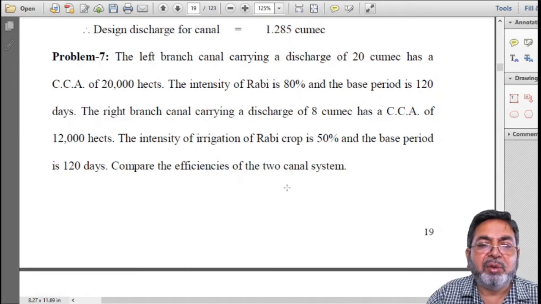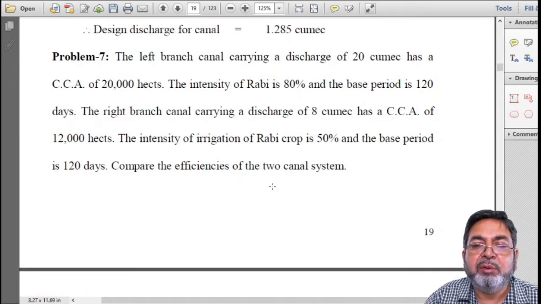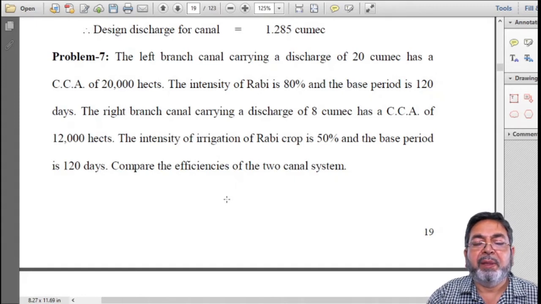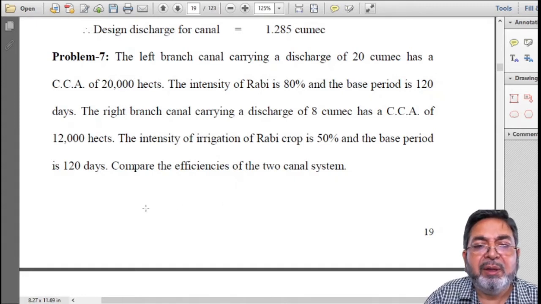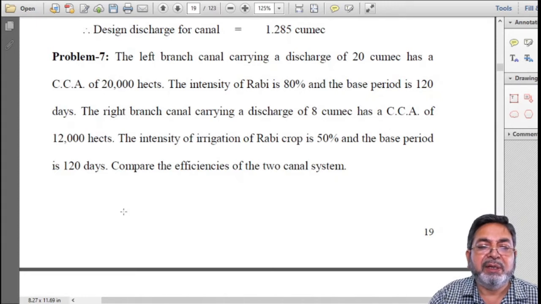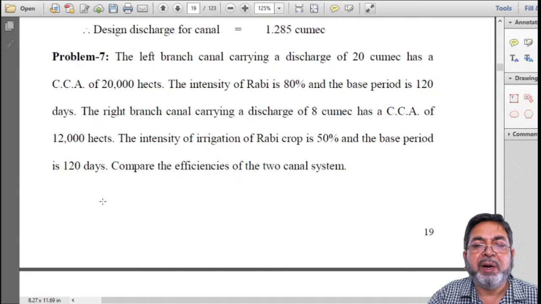Now here, before going to the solution, I would like to tell you a few concepts. One concept is of branch canal. Actually there is a main canal, and from main canal branches take off. So there is a main canal, and that main canal is giving two branches. One branch is on the left hand side and another branch which is taking off from the main is on the right hand side.